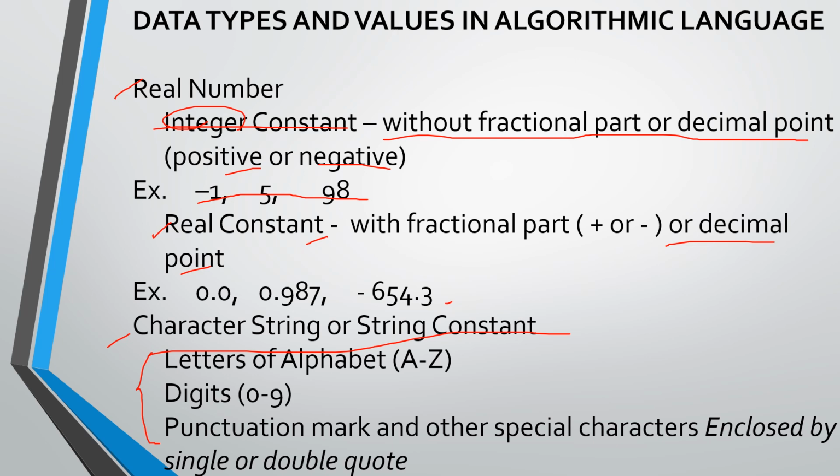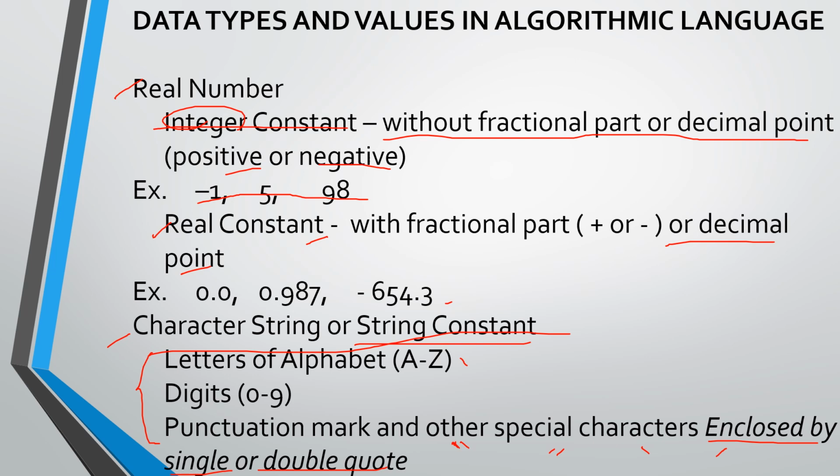Just be sure that if we are referring to a string constant, it is always enclosed in single quotes or double quotes. All string constants are enclosed in double quotes or in single quotes. So, you have the option to choose, either double quote or single quote, for as long as you are consistent.